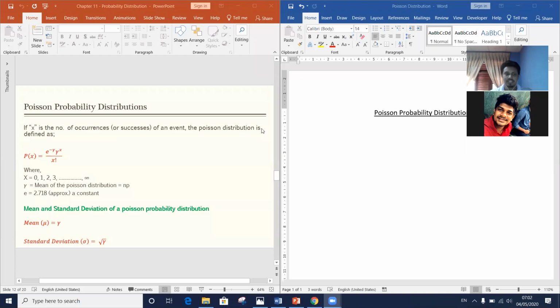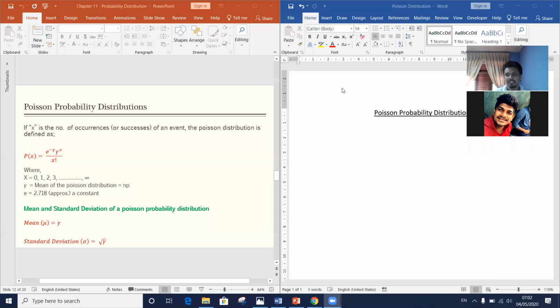Right. So we are in the topic probability distributions. So far, what we have discussed was how to identify a probability distribution, then how to calculate mean, variance, and standard deviation for a given probability distribution.